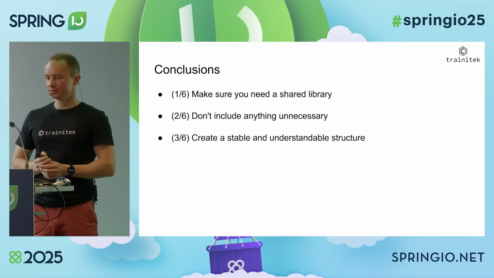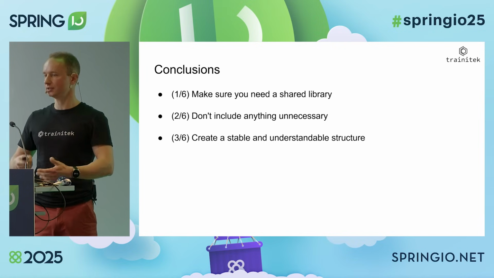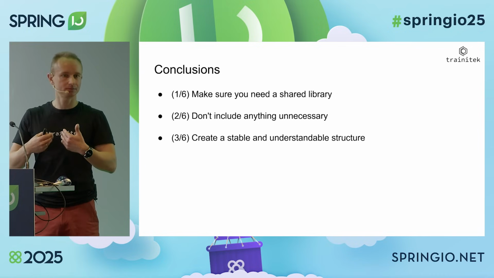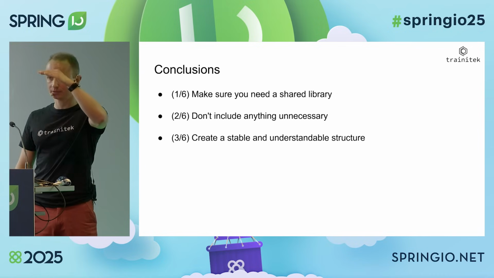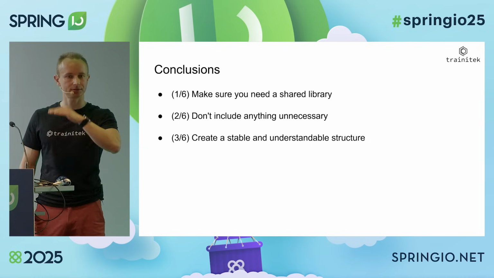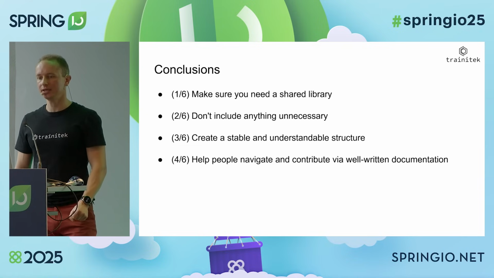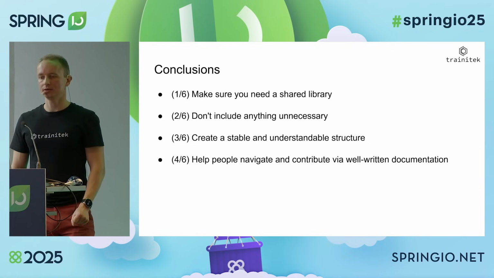Create a stable and understandable structure so people can follow it and understand. In our case, it's pretty stable with those 4 modules: core, Spring, auto-configure, and Spring Boot Starter. Help people navigate and contribute via well-written documentation as well, because without documentation, it will be so hard to use your library.